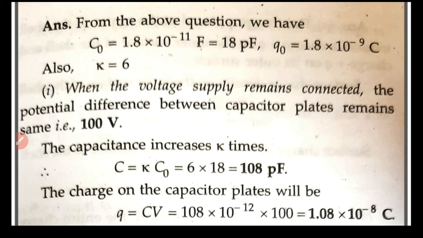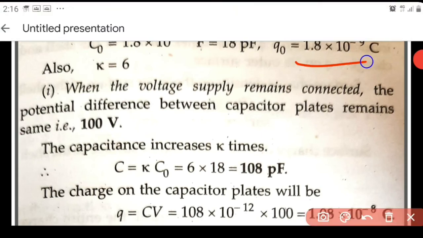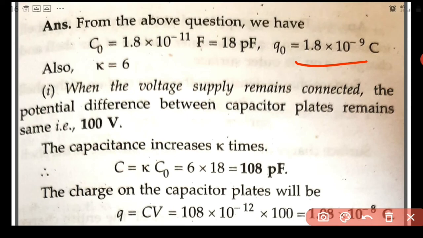In question number 8, under the given conditions, we found the capacitance of the capacitor. It was without a dielectric, and we got it to be 1.77 into 10 raised to minus 9 coulomb. And here we rounded it to 1.8 into 10 raised to minus 9 coulomb.